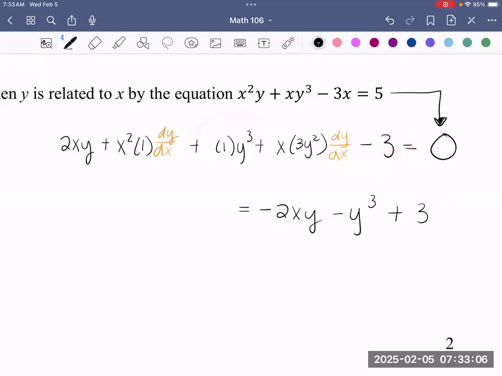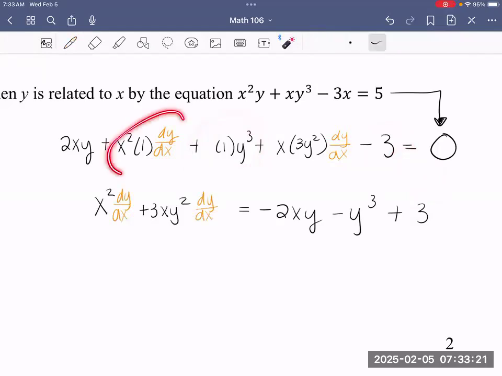So on the opposite side, I should get x squared dy dx plus 3xy squared dy dx. So anything that had a dy dx term, we're going to keep to one side. Let's go ahead and factor out what they have in common, which is that dy dx to start.